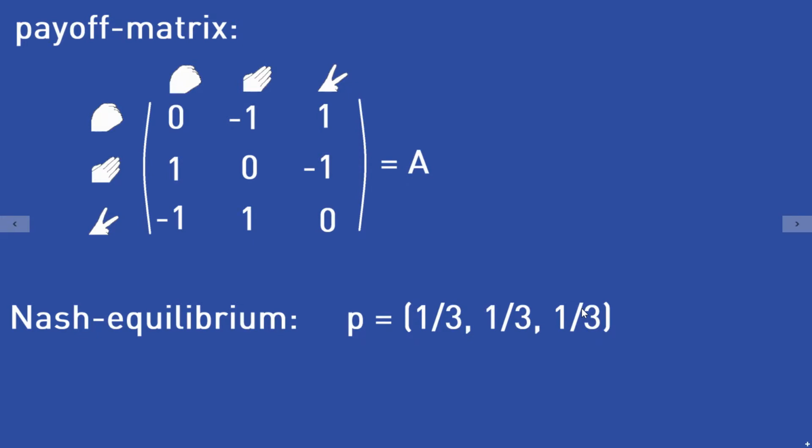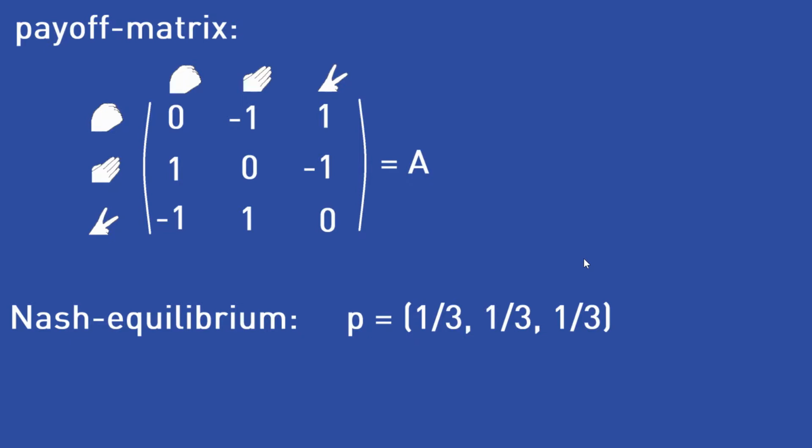So the Nash strategy tells us to play rock, paper and scissors all with the same probability, which is 1/3. So rock with a probability of 1/3, paper with a probability of 1/3, and scissors with a probability of 1/3.